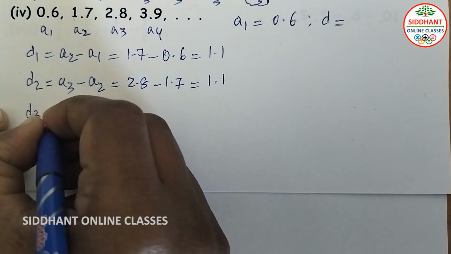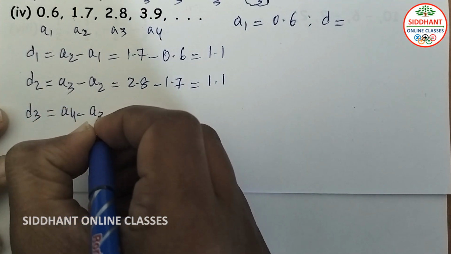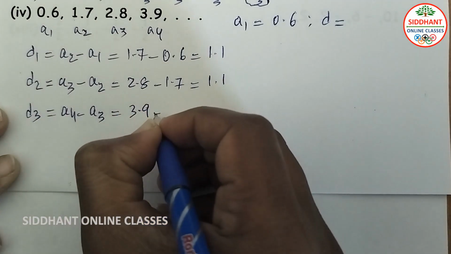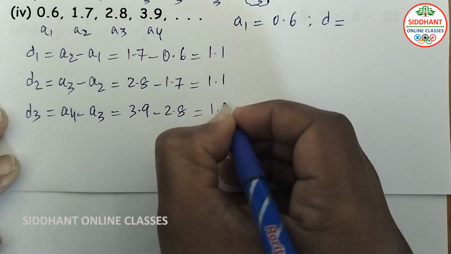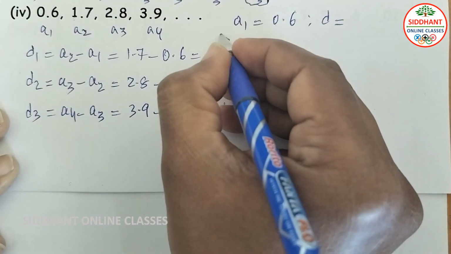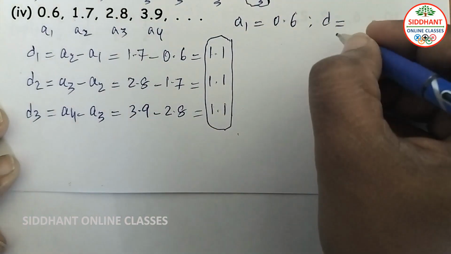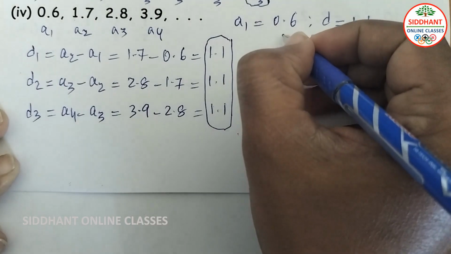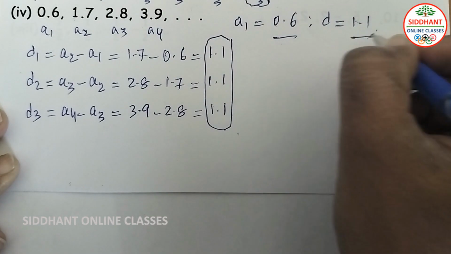Now D3, A4 minus A3, that equals 3.9 minus 2.8, that equals 1.1. So we get a common difference, which is 1.1. So the first term is 0.6 and the common difference is 1.1.